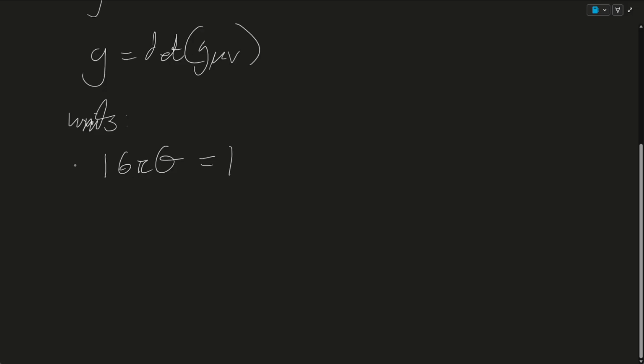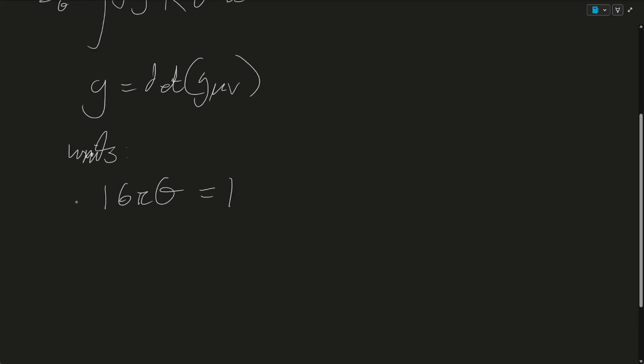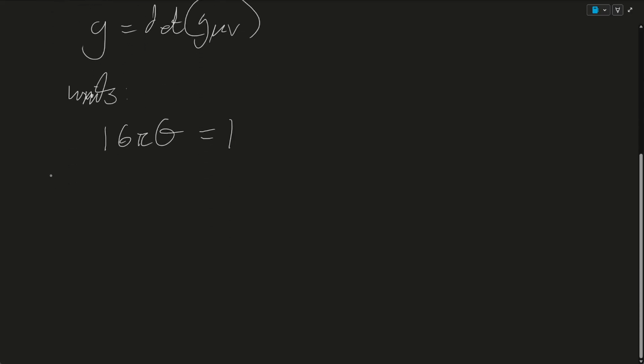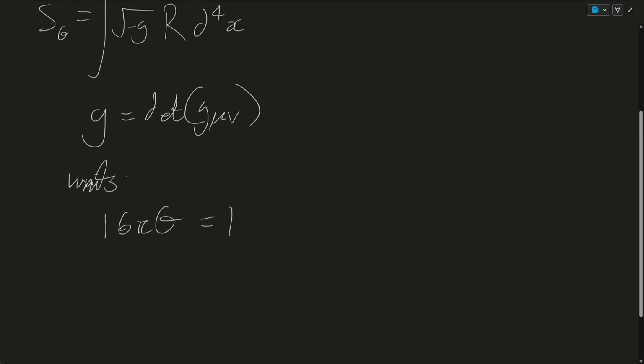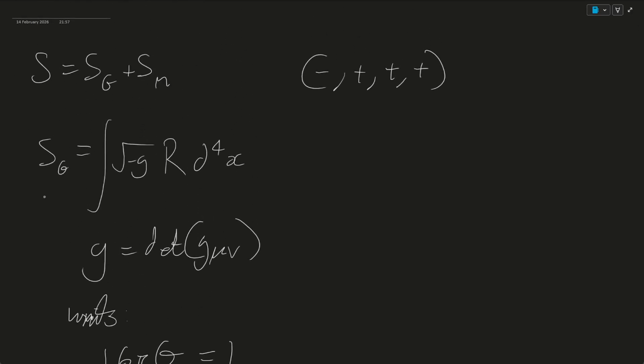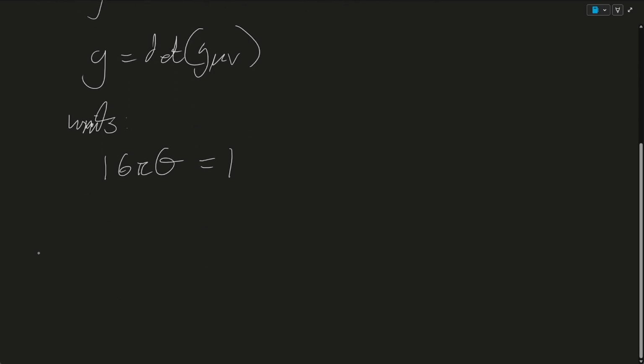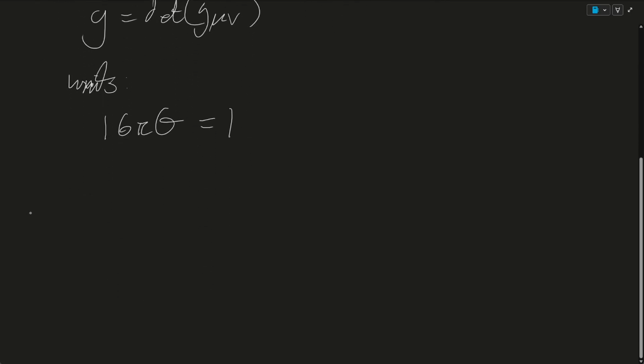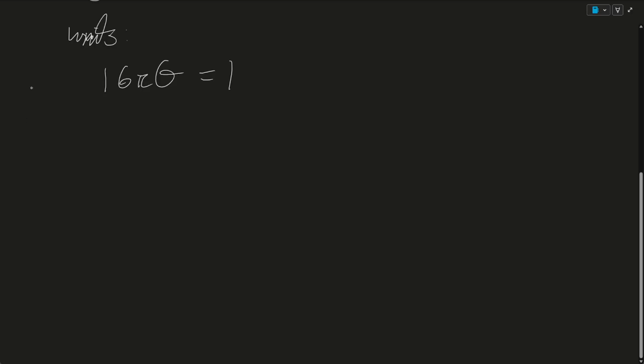Anyway, to find the equations of motion, the Einstein field equations, what we want to do here is, of course, vary the action and set that to 0, which is, of course, the principle of least action, which I've covered various times across this channel's history.